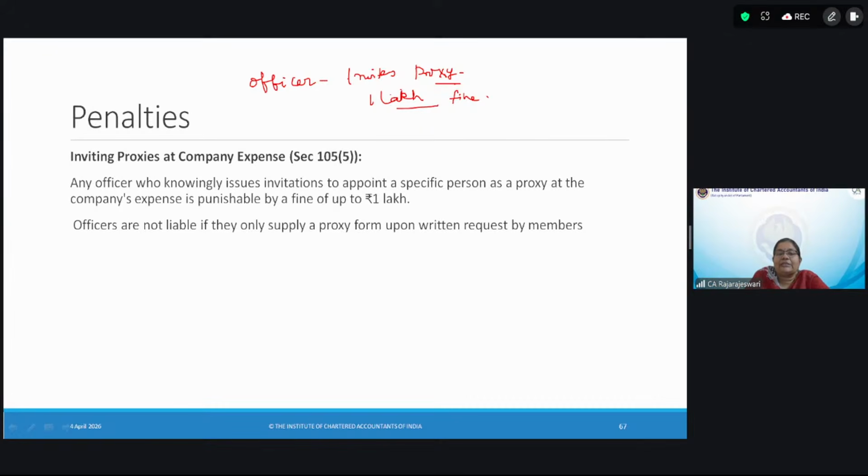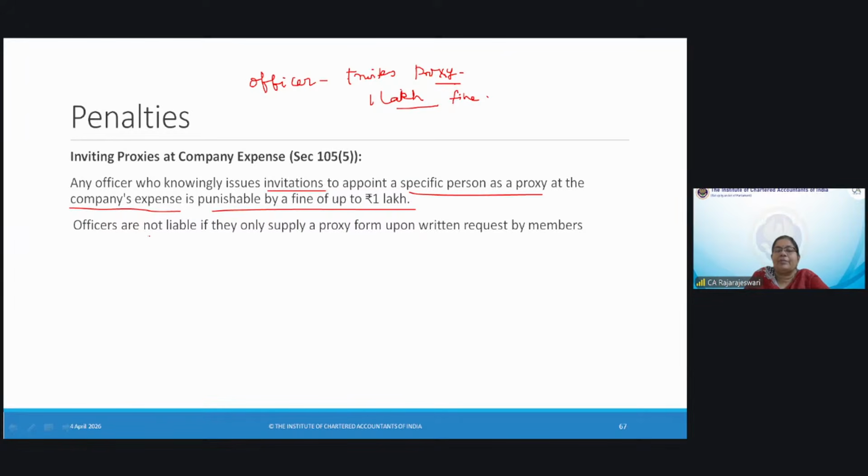So inviting proxies at the company's expense: if a person has invited a proxy at the company's expense, then he is punishable by a fine of up to 1 lakh rupees. Any officer who knowingly issues invitations to appoint a specific person as a proxy at the company's expense is punishable by a fine of up to 1 lakh rupees.